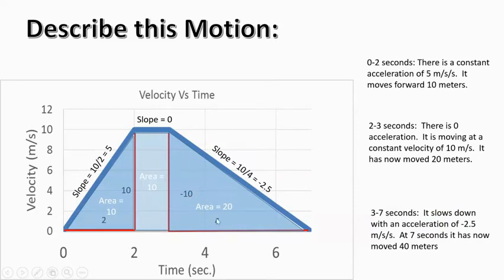And we don't use the negative numbers in finding the area. Okay, so this is 20, then it'll be 10 plus 10 plus 20, or 40. Okay, so this thing has gone 40 meters. So that's how you find out the acceleration and displacement when you only have a velocity graph.